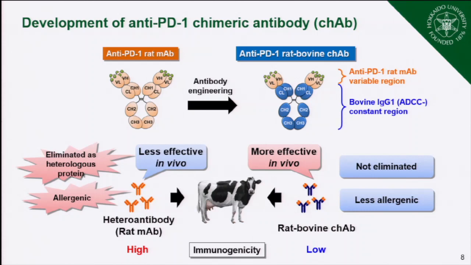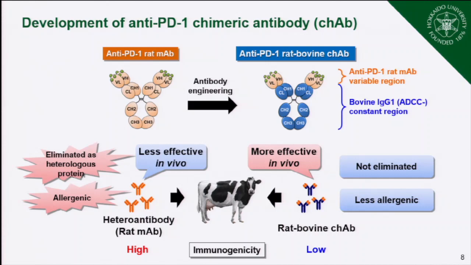That's why we engineered those antibodies into a chimeric type of antibody. So the component is completely the same as PD-L1, but we used anti-PD-1 rat monoclonal antibody variable regions and bovine IgG1 subclass with some mutation to reduce ADCC activity.